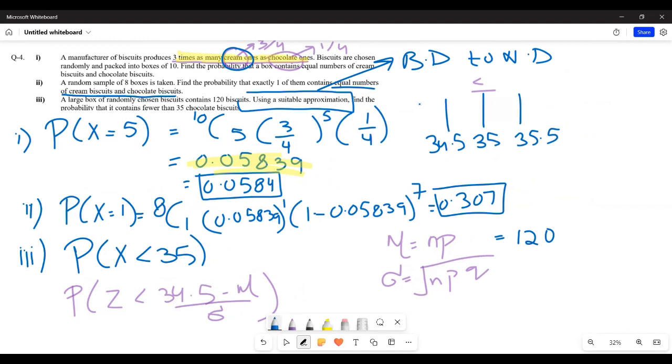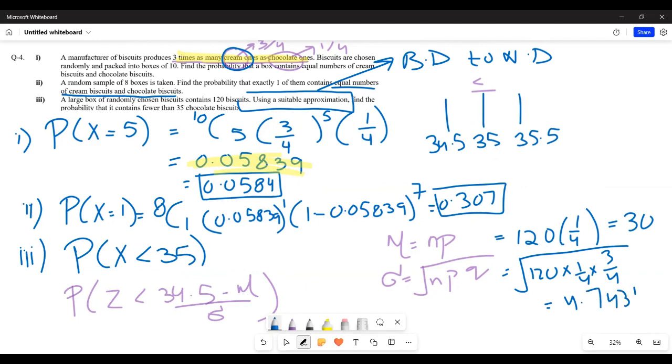Chocolate biscuit, so P would be 1 by 4. Which gives 30. And this would be square root of 120 times 1 by 4 times 3 by 4, which gives 4.7434.